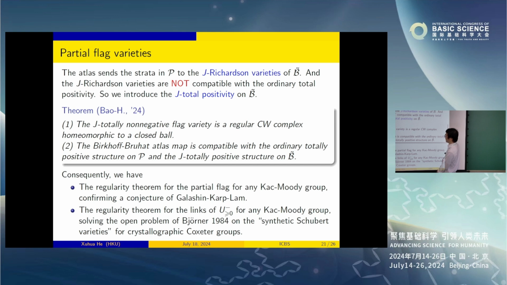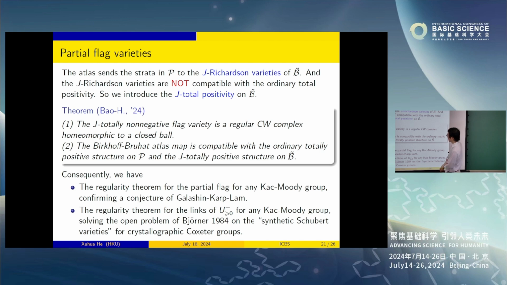The atlas in this case does not send the strata in the partial flag to the Richardson varieties. Instead it sends to the so-called J-Richardson varieties. The J corresponds to certain subsets of the simple reflections for this larger Kac-Moody group. To handle the J-Richardson varieties, we have to introduce J-total positivity, another technical part which I would like to skip.